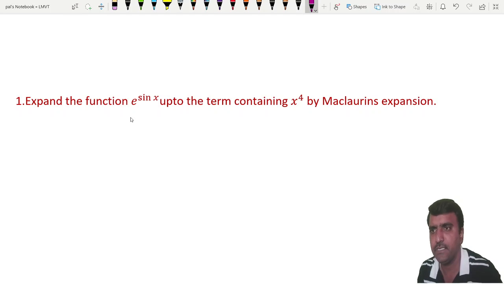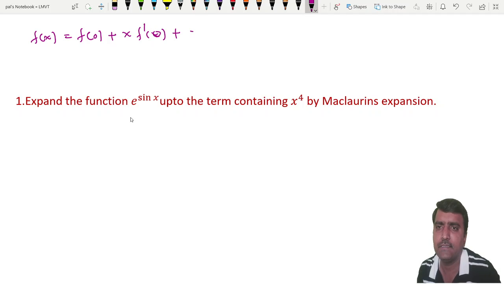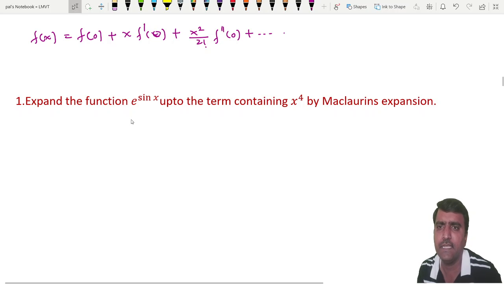If the given function is f of x, the Maclaurin's expansion of f of x is like this: f of x is equal to f of 0 plus x by 1 factorial into f dash of 0 plus x square by 2 factorial into f double dash of 0 plus and so on. It continues like this.